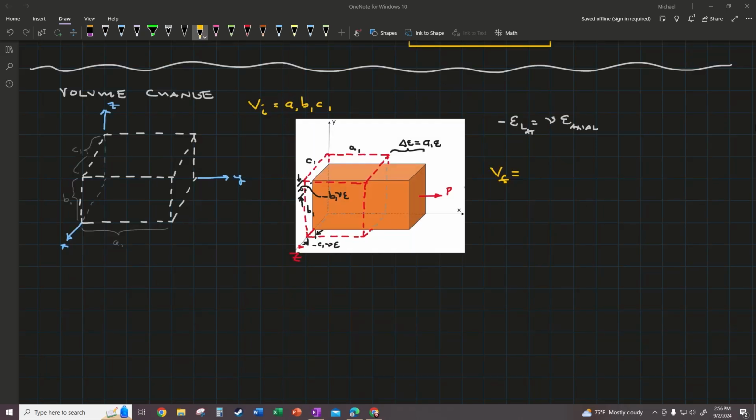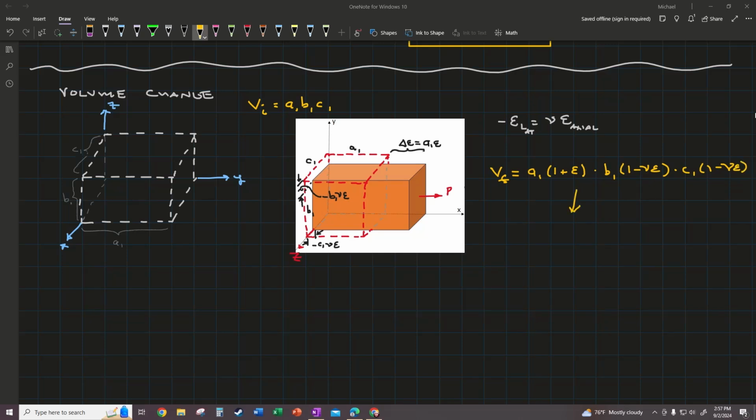So our final volume, the volume of the orange area, is going to be A1 times 1 plus the axial strain, times B1 times 1 minus nu times the strain, times C1 times 1 minus nu times the strain.